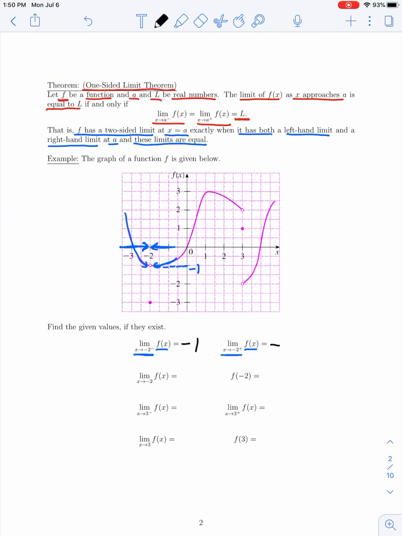And then in the next part, we're asked for the two-sided limit of f of x as x approaches 3. Now, in this case, we've shown that the left-hand and the right-hand limits were two different numbers, +2 and -2. Therefore, by the one-sided limit theorem, if those left and right-hand limits are not equal, this two-sided limit does not exist.